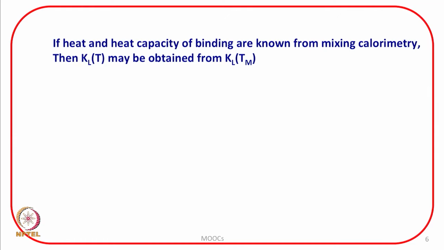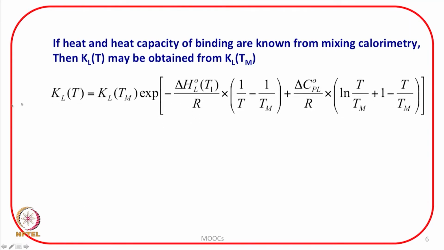Now, if the heat capacity of binding is known from mixing calorimetry, then KL at T can be determined from KL at Tm. How can it be determined? Let us take a look at this. Again, I am using one of those two derived equations, where the final temperature I am keeping as T and the initial temperature I am keeping at Tm, and we are applying this for the ligand binding.